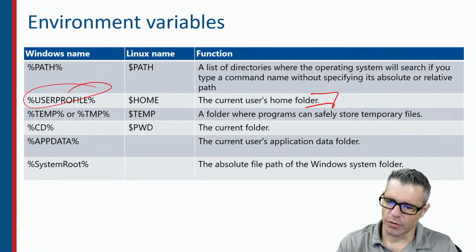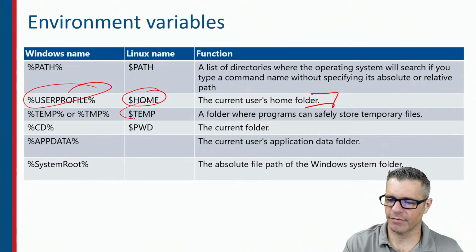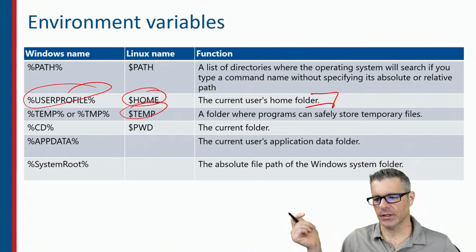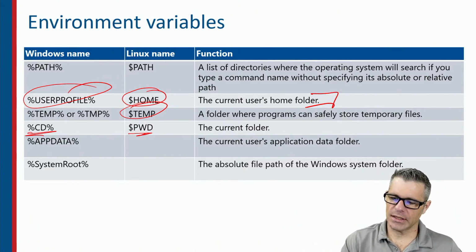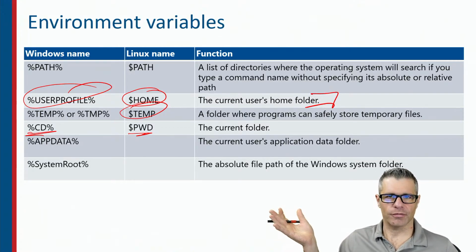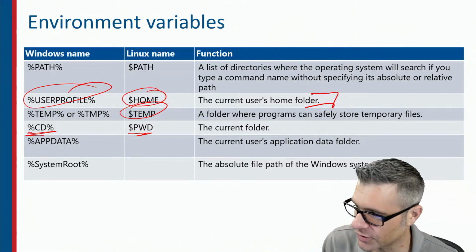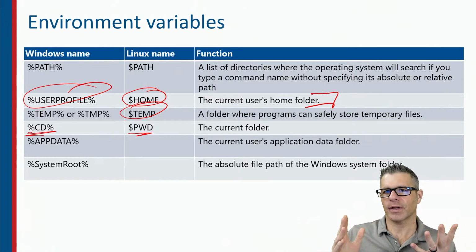That's user profile and home, where you can safely write a temporary file, $TEMP in Linux, or TEMP or TMP in Windows, pwd or cd, the present working directory, or the current folder that your program is executing in. A thing that we have students struggle with getting their head wrapped around, that programs live inside of a specific place in the file system.